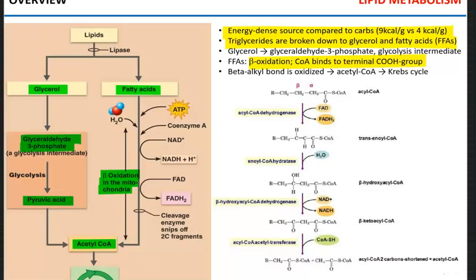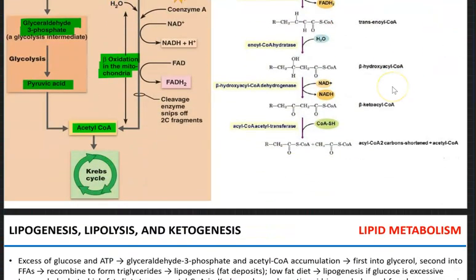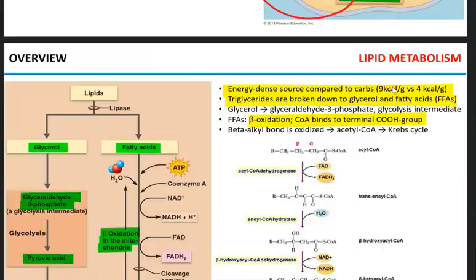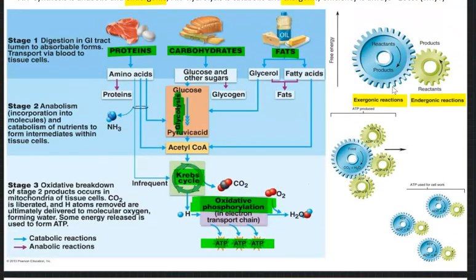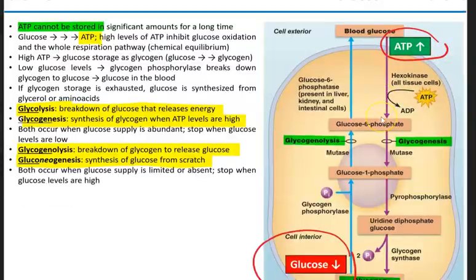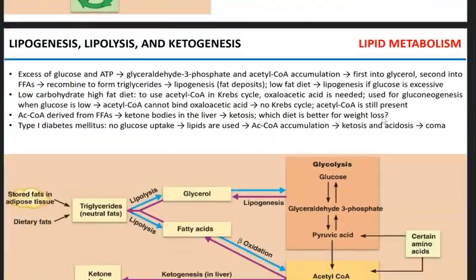The point is that at the end of the day, you end up with acetyl-CoA as well. Then acetyl-CoA can enter the Krebs cycle, get oxidized, and the hydrogens and electrons will participate in oxidative phosphorylation and generate a bunch of ATP. But the lipid metabolism doesn't end there.